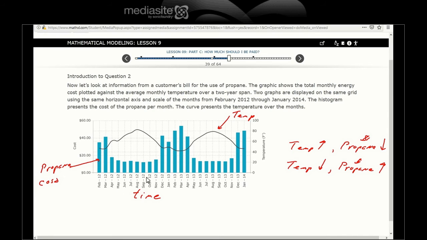So I would suspect in the summertime when it's high heat, the only thing you're spending on your propane is for your hot water and cooking. During the warmer months, it's pretty much a constant and doesn't change.